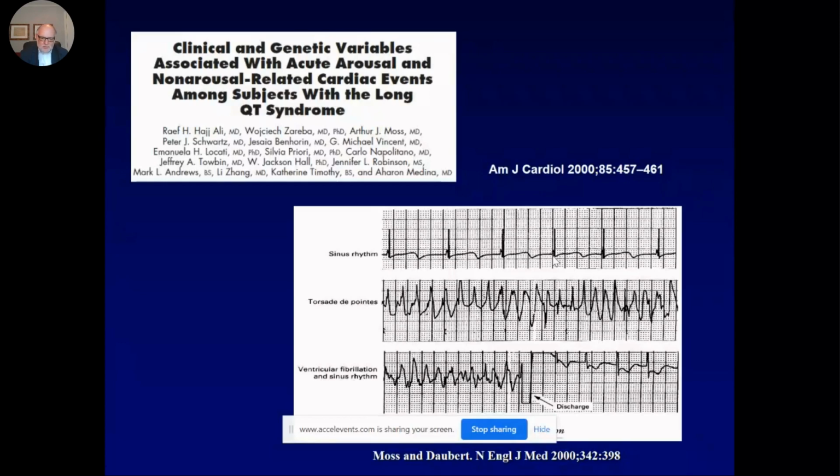The graph below is from a case report by Dr. Moss and Dr. Dauber describing an 11-year-old long QT boy who was called by the teacher to answer some question. He stood, and he fortunately had a defibrillator. He was successfully resuscitated. So altogether, the reaction to sudden arousal stimuli can lead to those abnormalities.